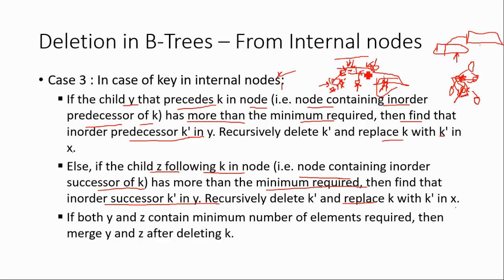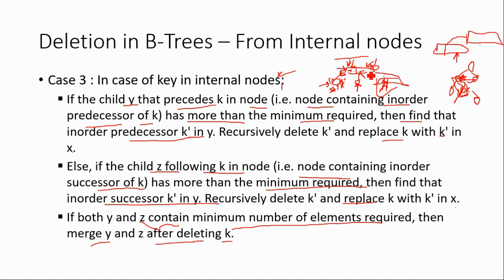Now the third case, when both of the siblings contain the minimum number of elements required, then the easiest thing would be to merge y and z after deleting k. Means what?